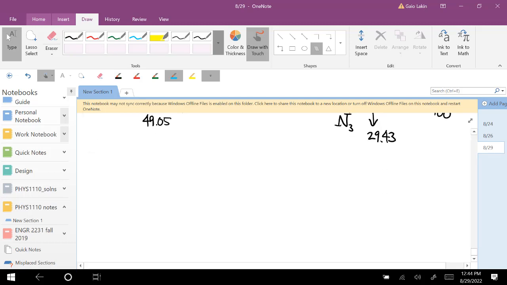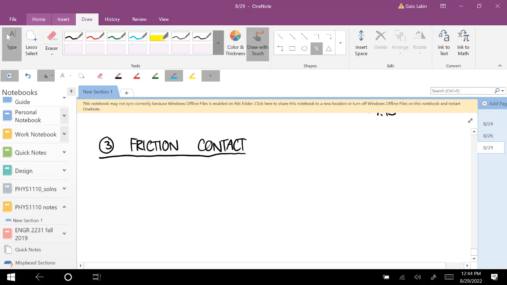Okay, and then the last one is friction contact. So let's say we have an incline.